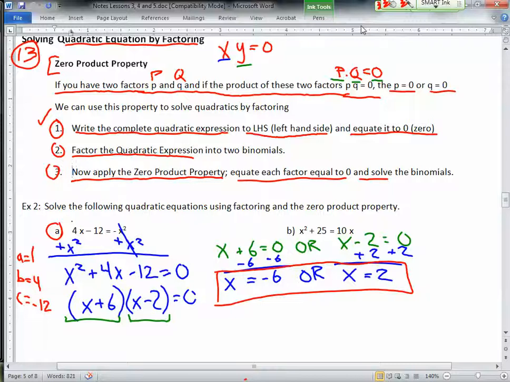The way I can write that is x equals 2, x equals negative 6. These are my solutions. Those are solutions to this equation because they are values that, if I put them in for x in this original equation, will make that equation true.